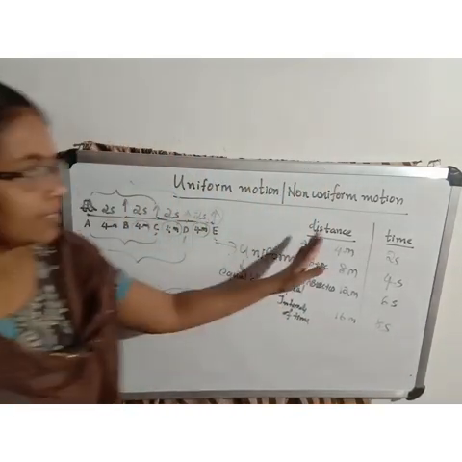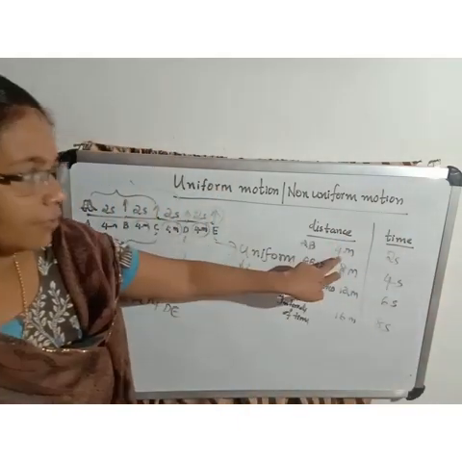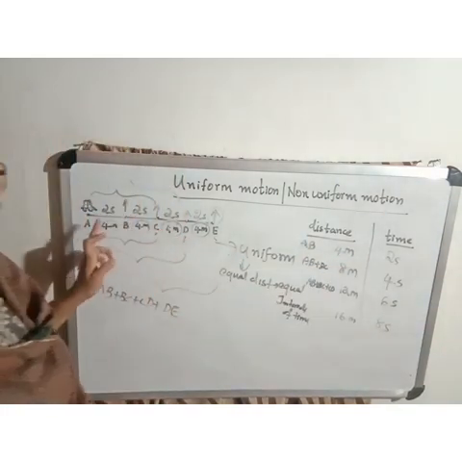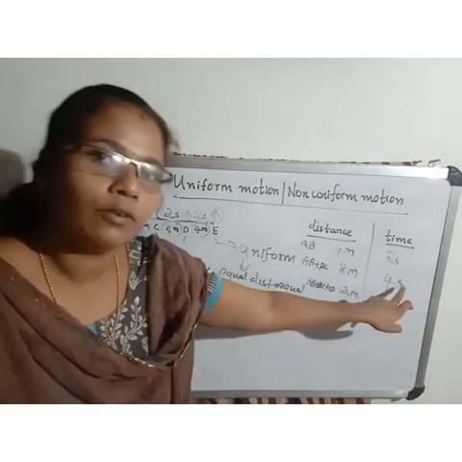So this is the distance-time data for that object. At first it traveled 4 meters by taking 2 seconds. Then it traveled a total of 8 meters by taking 4 seconds.